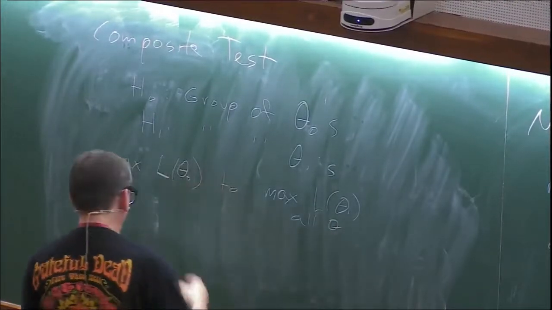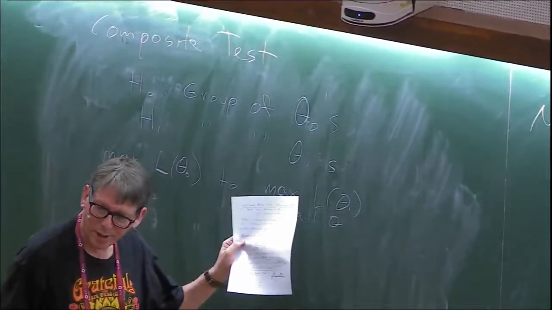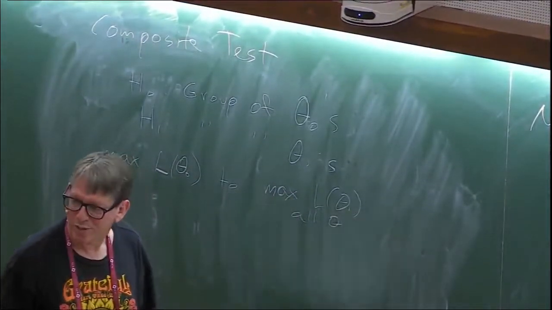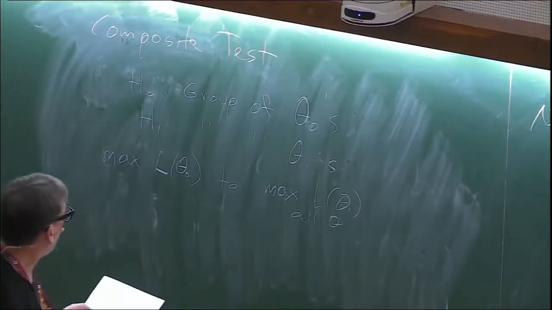This can include thetas that don't occur over here. For example, it will be a maximum if you use a maximum likelihood estimator.